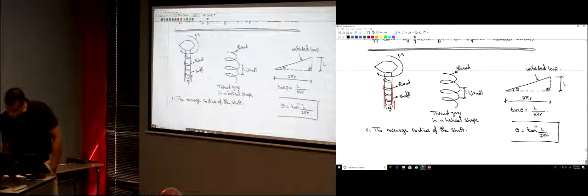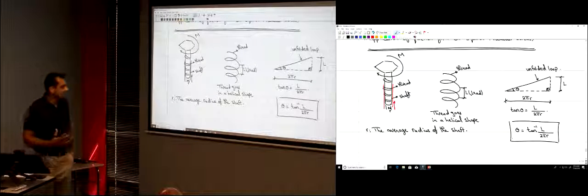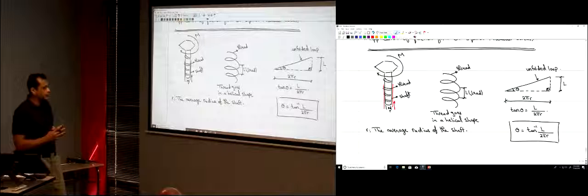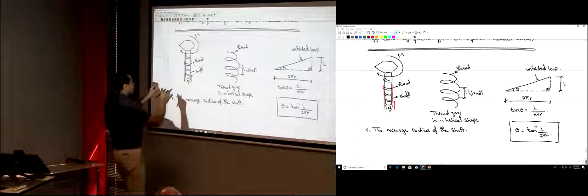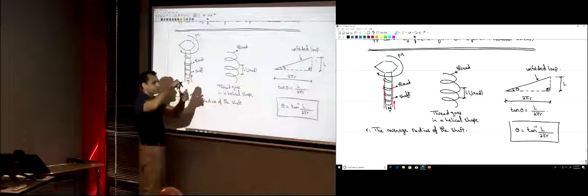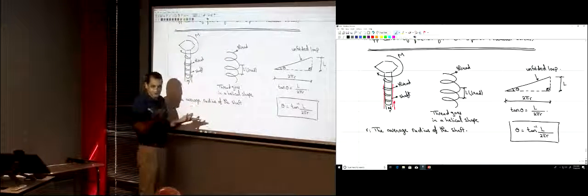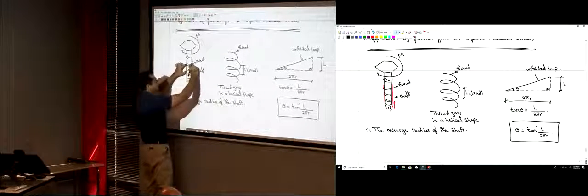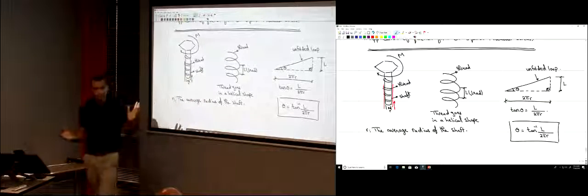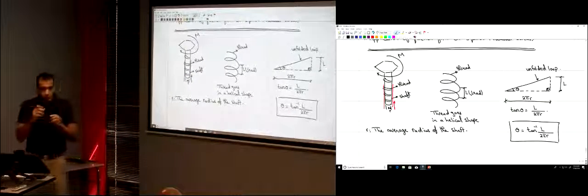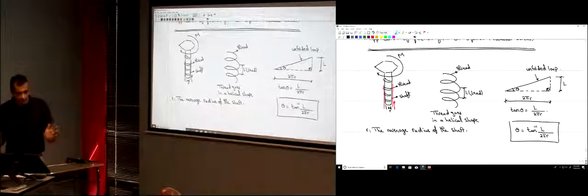So as you see, this angle theta is simply a property of this screw. Once you have a screw, just knowing the lead and the radius of the screw, you can know the angle theta. It's not changing.